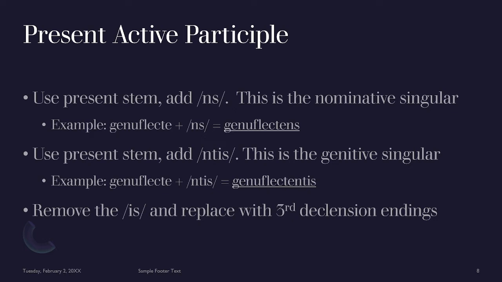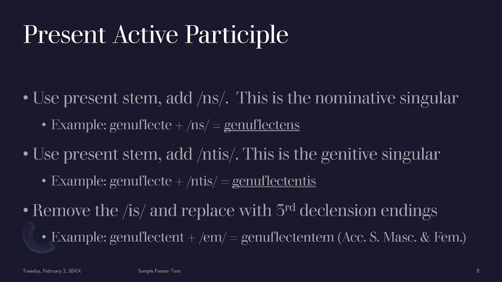So this is going to use all those third declension endings you're familiar with, long I and EM and ES and so on and so forth. There's a few exceptions in there. We'll talk about exactly which endings you're going to be working with later on, but this is the basic form. Something with NS and then something with NTIS, and then that NTIS form is the basis for doing all the other forms of the participle.